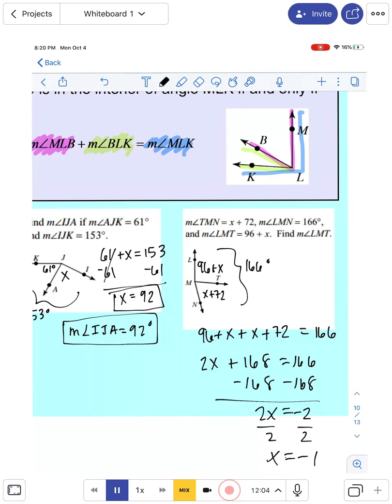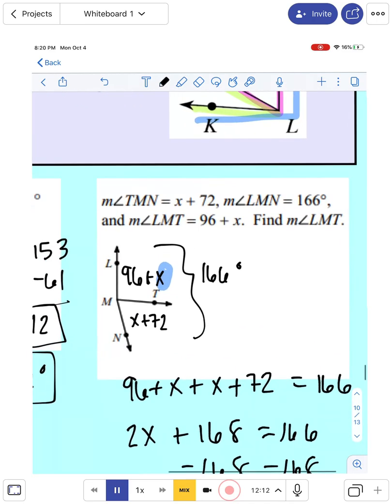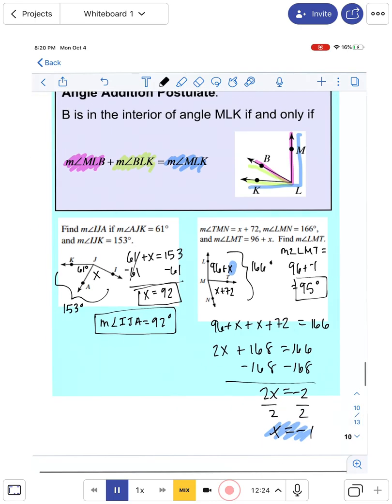Now what this is actually asking for is measure angle LMT. So I have to take my negative 1, plug it back in for x. So measure angle LMT equals 96 plus the negative 1, which is 95. Done.